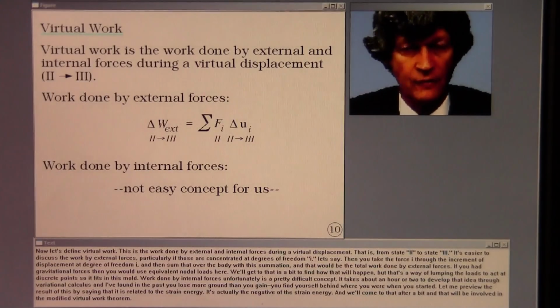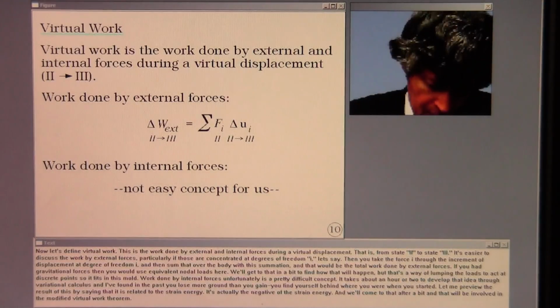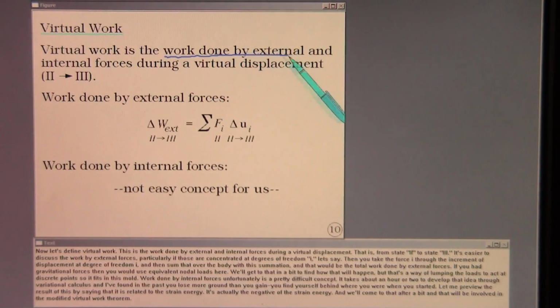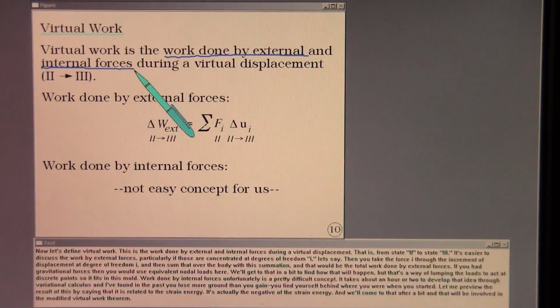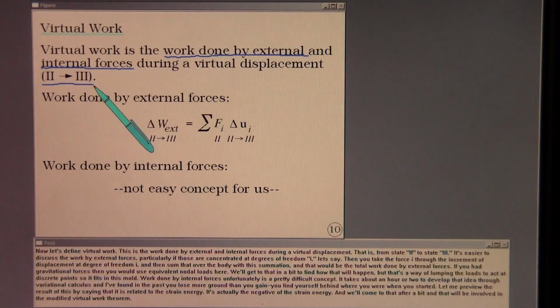Now let's define virtual work. This is the work done by external and internal forces during a virtual displacement. That is, from state 2 to state 3. It's easier to discuss the work by external forces, particularly if those are concentrated at degrees of freedom I, let's say.